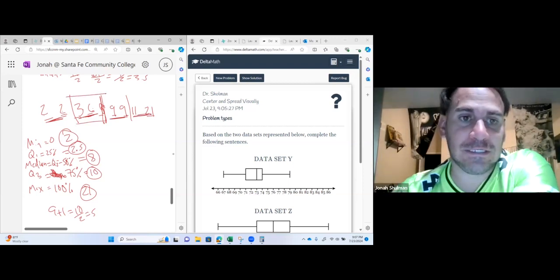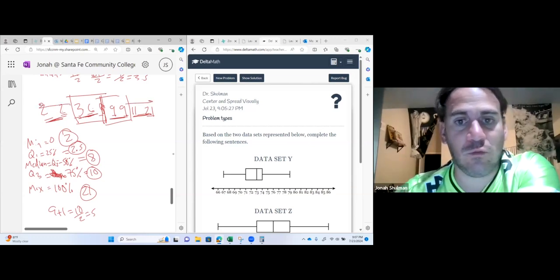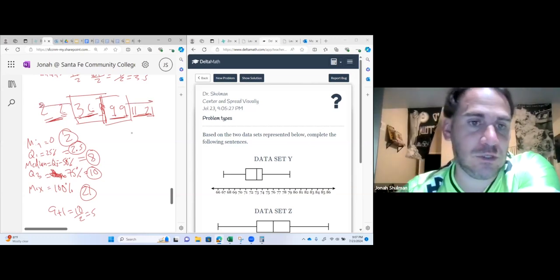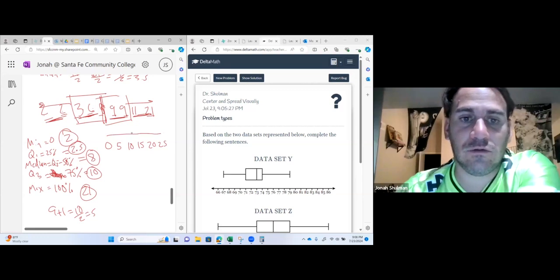Now, if I just did this, we wouldn't get the right answer because we want to see how spread out it is. So we need a scale. We got to go from 0 to 21. Let's go up by, I don't know, 5 every time. So 0, 5, 10, 15, 20, 25. As long as you have a scale, you can do it.